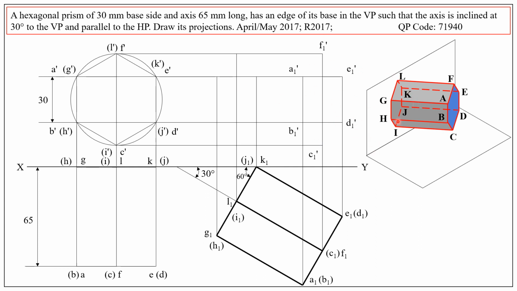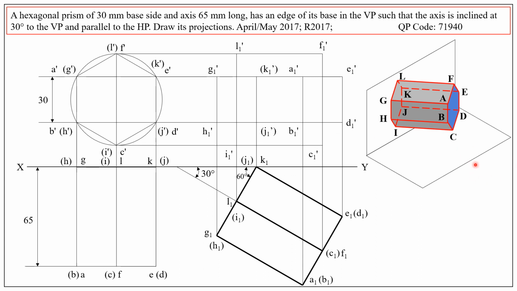Now, what about these points G, H, I, J, K, L? In a similar way, we can mark G1 dash, H1 dash, I1 dash, J1 dash, K1 dash, L1 dash. So out of these 6 rear hexagon points, J1 dash, K1 dash are put within bracket.